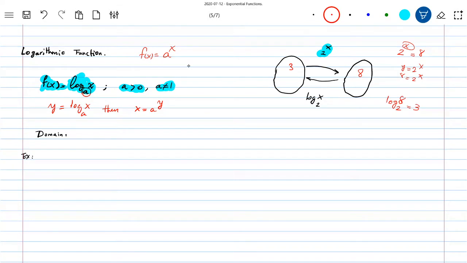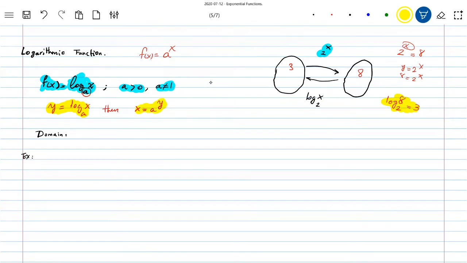So here there's a relation between log and exponential. If you have a log function y equals log x base a, similar to log 8 base 2 equals 3, then you can say 2 to the power 3 must equal 8. That means a to the power y must equal x.